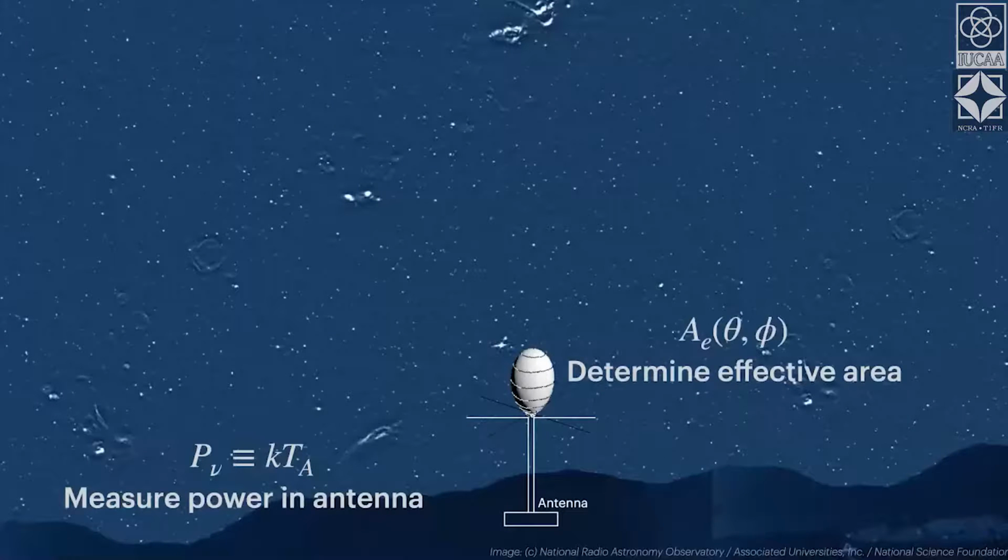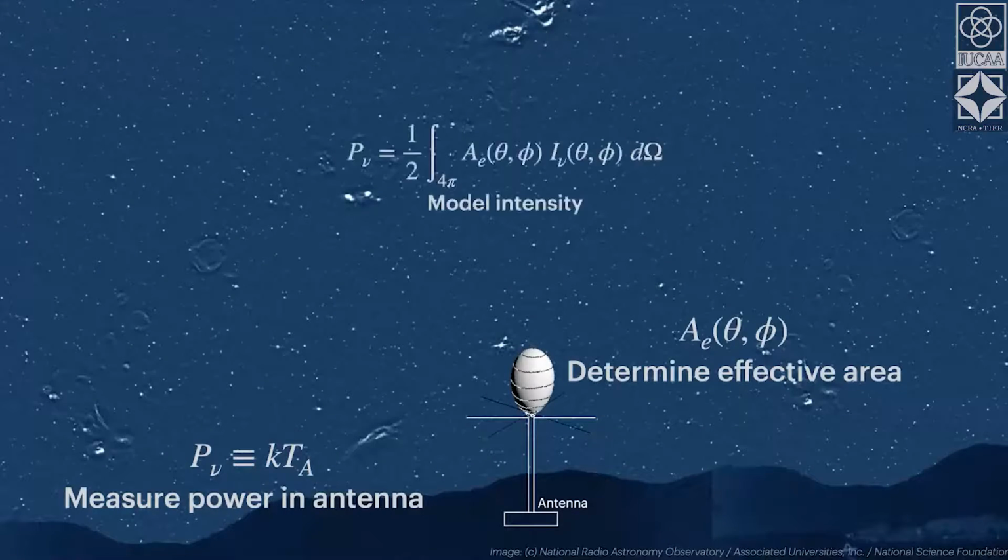It could be well constrained or well localized, or it would be a broader distribution. But in principle, you'll have this value. And using this equation, in principle at least, you can model the intensity and try to get the intensity that is producing the power in your antenna. I'm just summarizing the general setup.